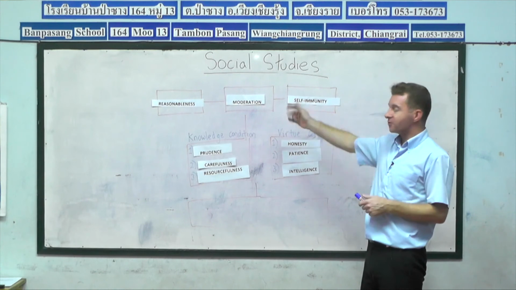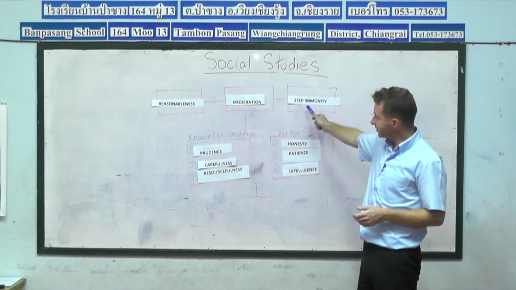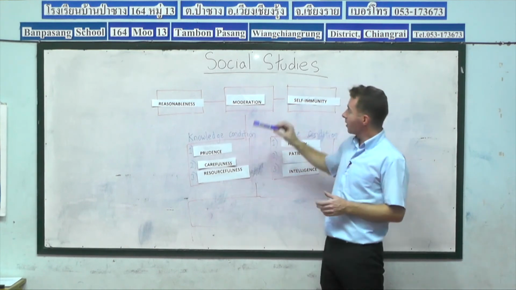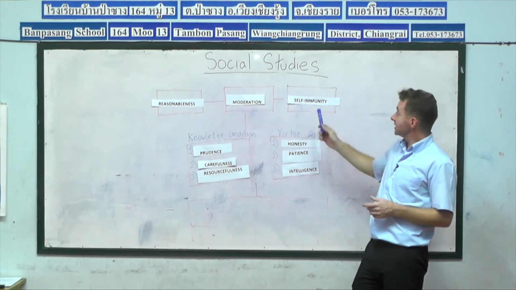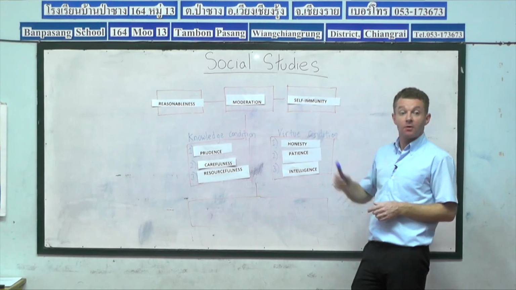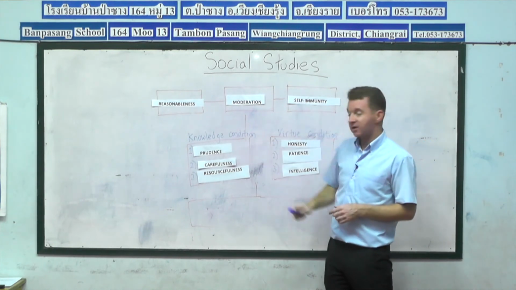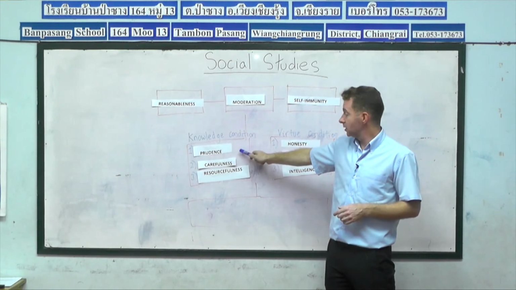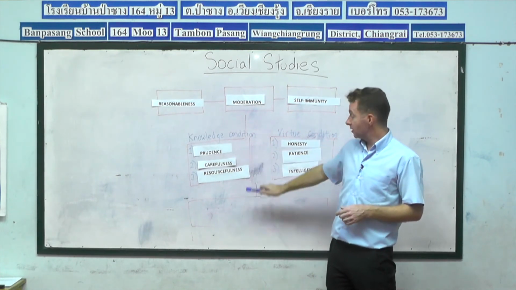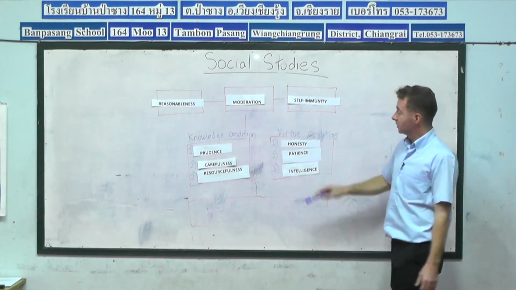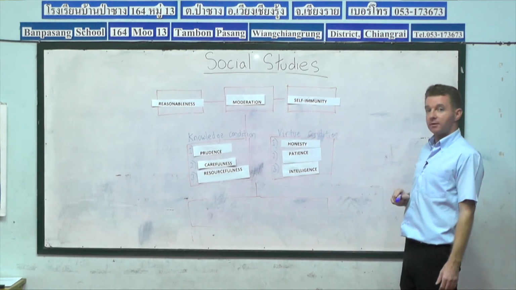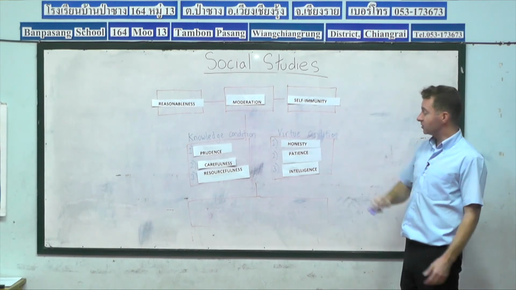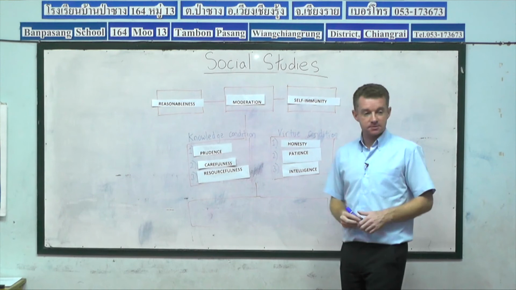So now we've got our table. And all these things together, ready, guys? Reasonableness, moderation, self-immunity, they create knowledge condition such as prudence, carefulness, resourcefulness, and virtue condition such as honesty, patience, and intelligence.